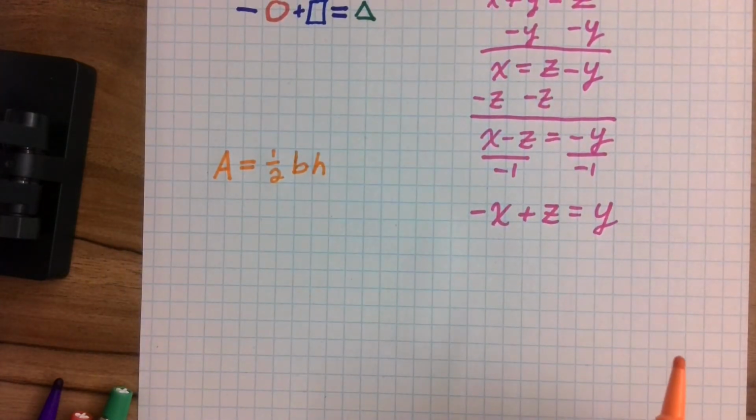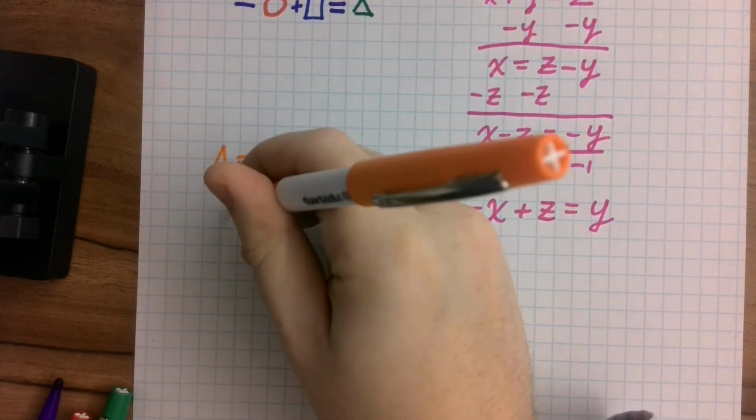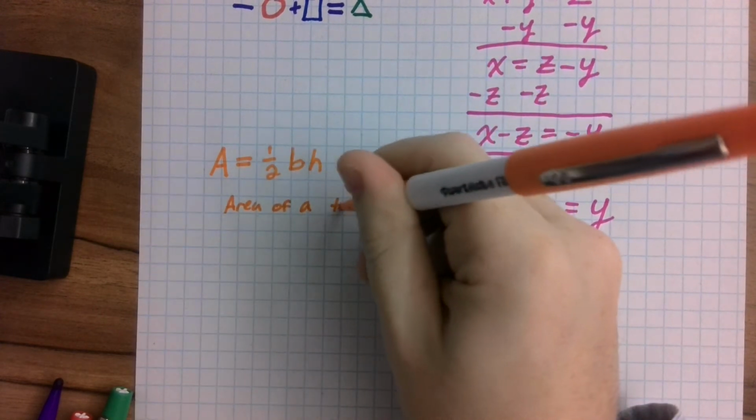Does that sound familiar? If it doesn't sound familiar, take a couple of seconds, pause the video, and try to think about what this is. You may have realized this is the formula for the area of a triangle.